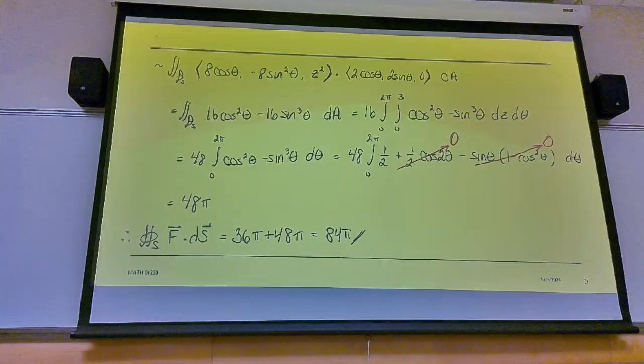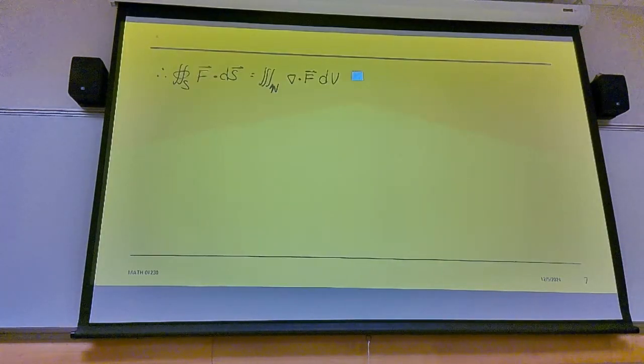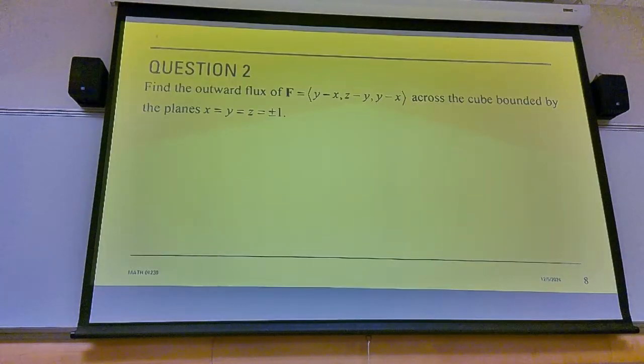Now we have a cube. How many surfaces does a cube have? 6, which means you'd have to do 6 surface integrals.